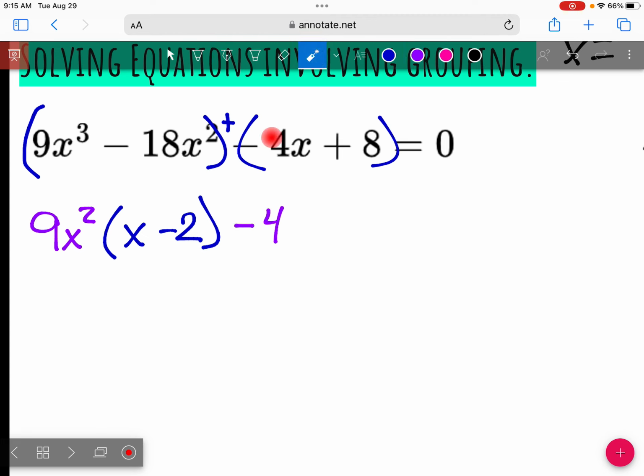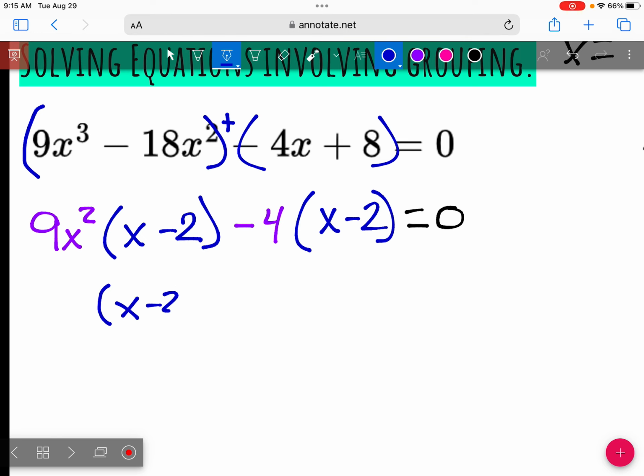So whenever you have a minus in the middle, you're going to pull that minus. So we're going to pull the minus 4 and it has a remainder of x minus 2. Those two pieces need to match. Our leftovers need to match. If it helps, think of it as now factoring out that x minus 2 term. x minus 2 times the grouping of 9x squared minus 4.